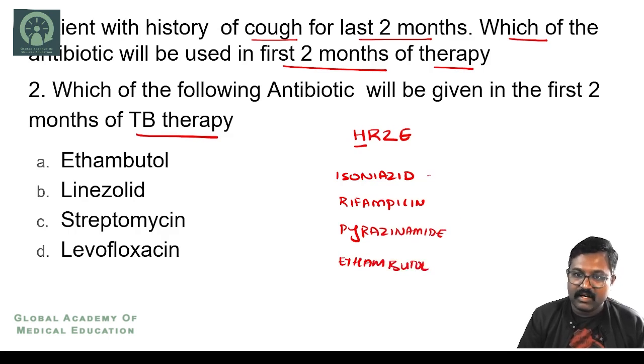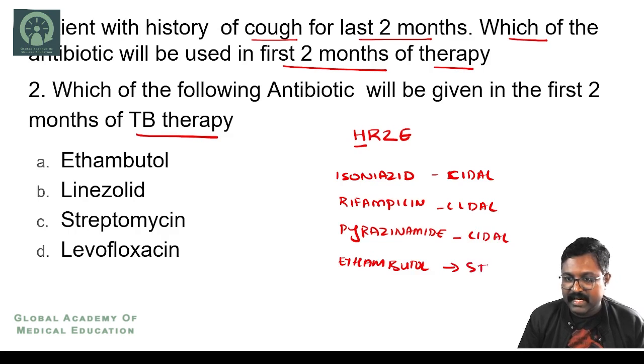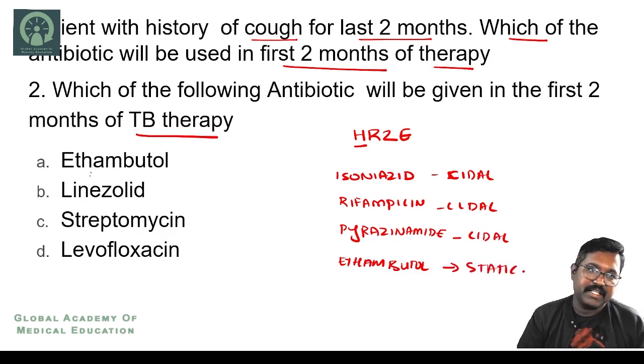All of these are cidal in nature: isoniazid is cidal, rifampicin is cidal, pyrazinamide is cidal, but ethambutol is static in nature. So here the answer will be ethambutol. Ethambutol is the answer here.